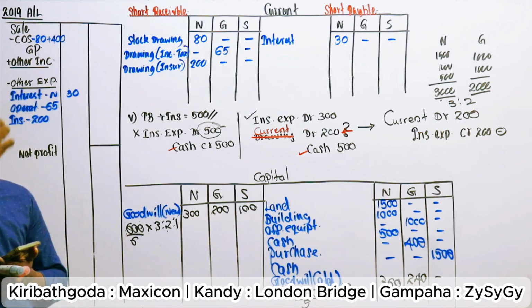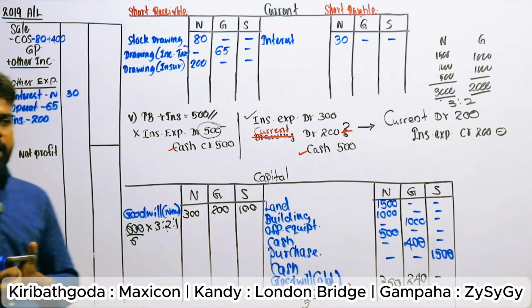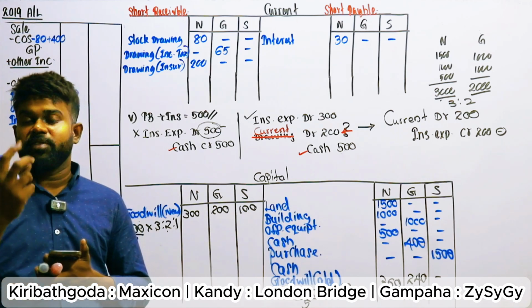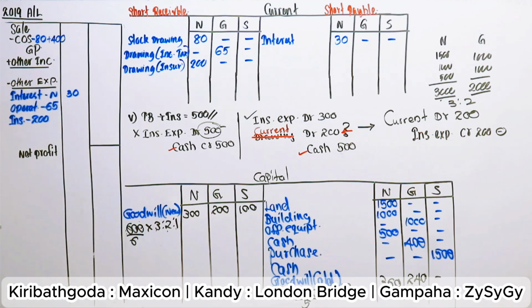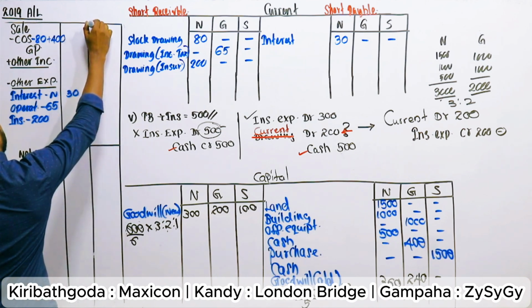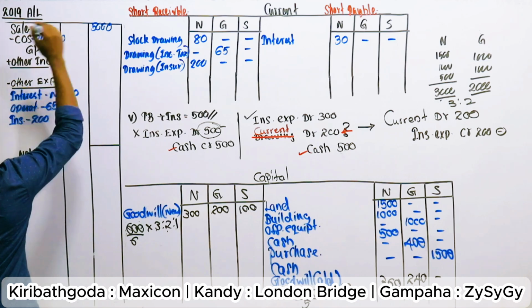Right, that's all. Record the items related to the income statement, calculate the profit and provide benefits only for old partners. Record it. First item, sales 5000. Cost of sales given 1800.